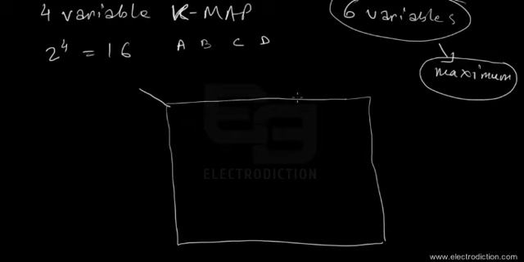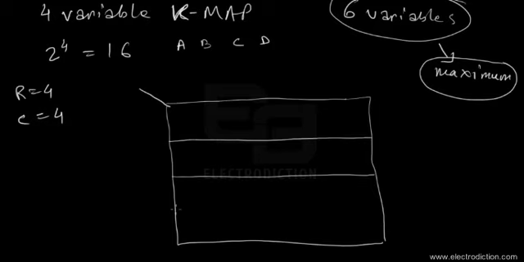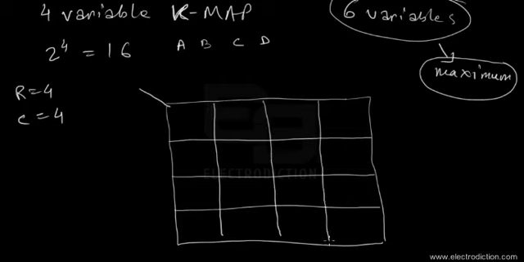So we need 4 rows and 4 columns. The number of rows should be 4, and the number of columns should also be 4. So we need 4 rows, 1, 2, 3 and 4, and for the columns we need 1, 2, 3 and 4.